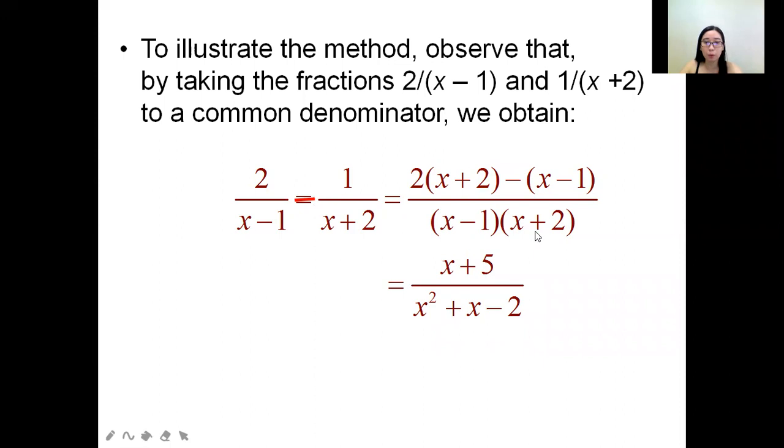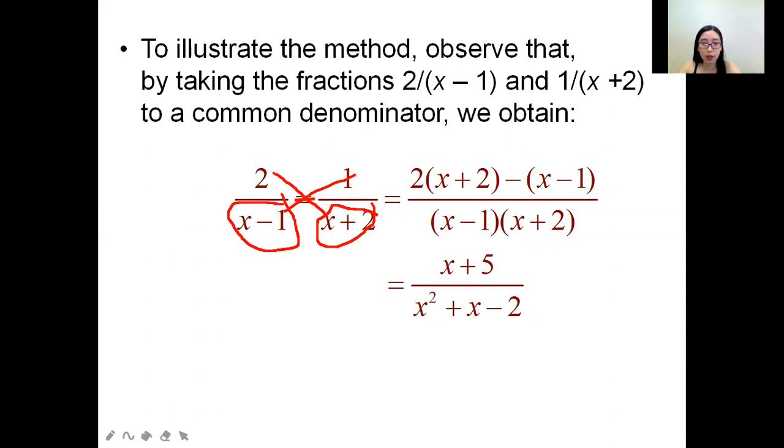So x minus 1 times x plus 2 is our denominator. We cross multiply it. This one will be multiplied to the numerator of the other one, and x minus 1 will be multiplied to the numerator of the other, to the right one.